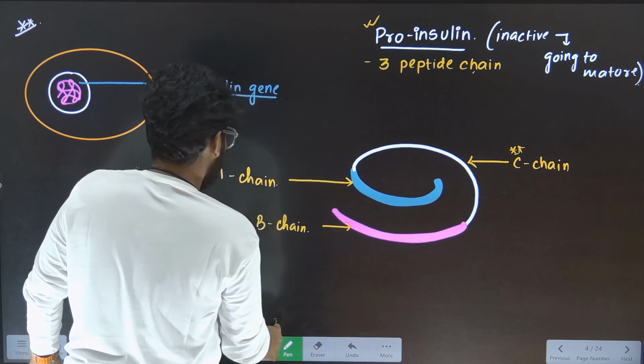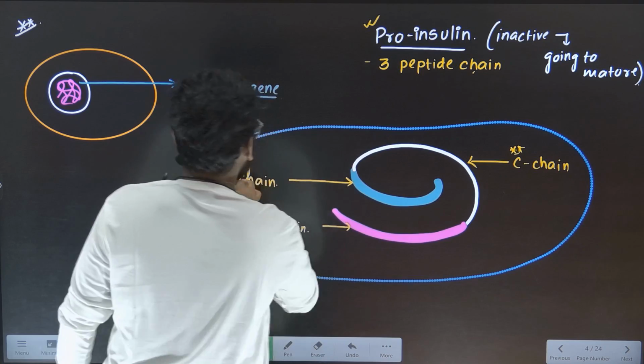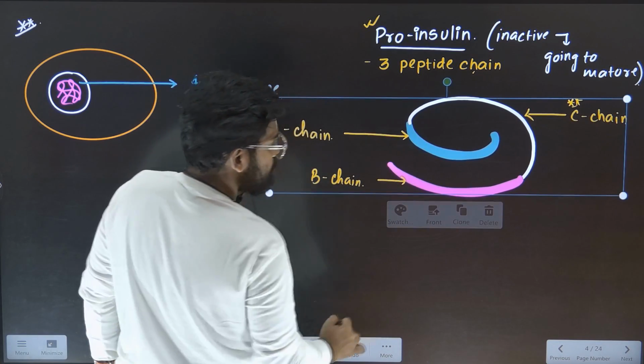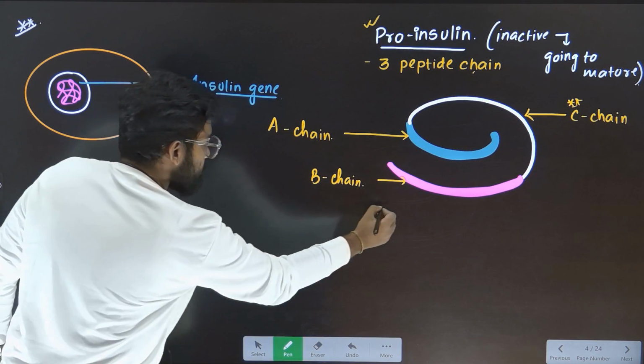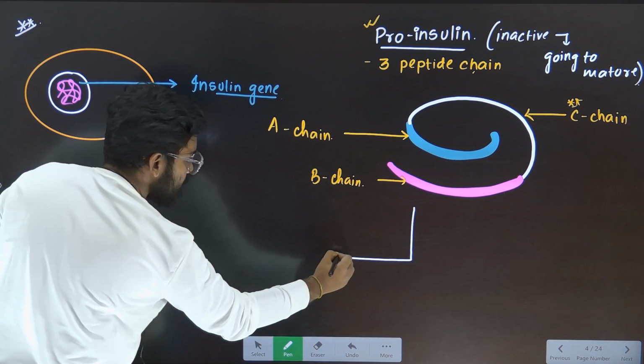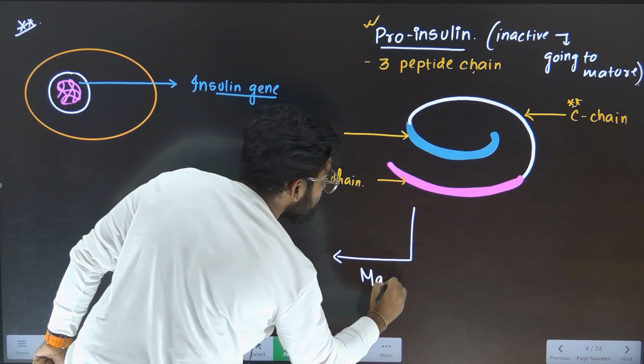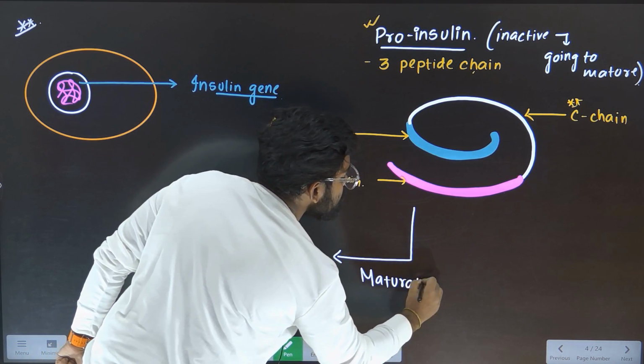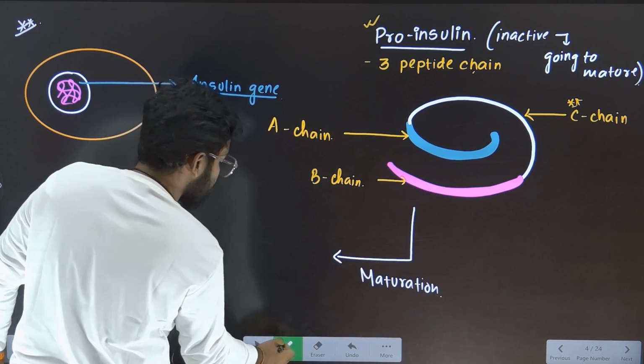See, say this is the pro-insulin. On the process of maturation, the C chain is lost.